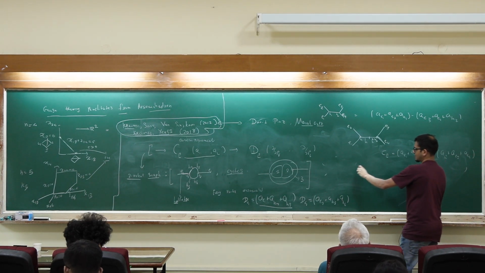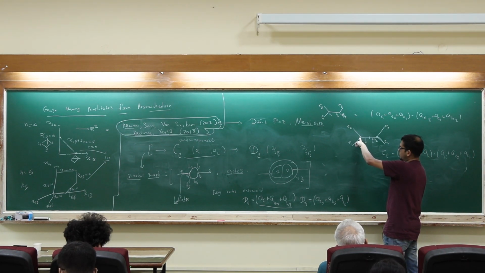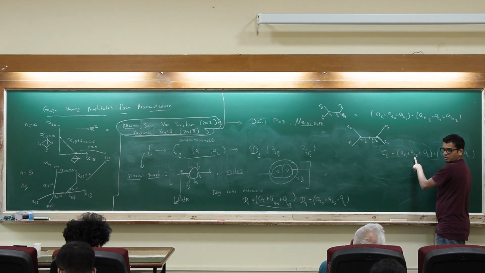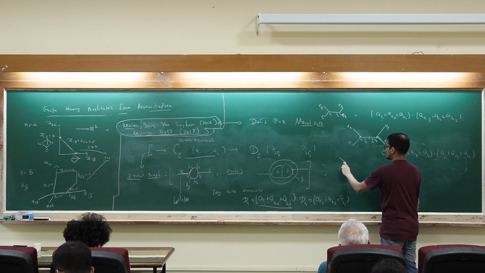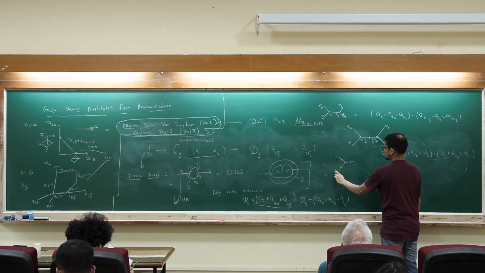Okay, now let's look at this vertex first. I'm now going to give you a representation of this in terms of differential operators. So let's focus on this vertex first, and just to begin with, let's say that the edges are all outgoing.